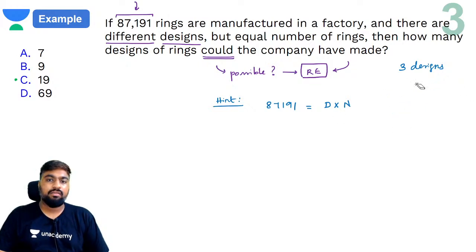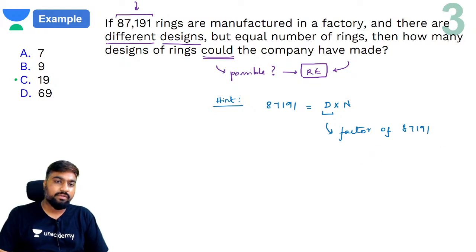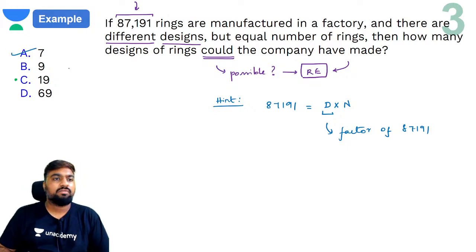So they're asking how many designs could the company have made, right? Whatever this number is should be a factor of 87,191, correct? It should divide 87,191. Agreed? Does 7 divide 87,191?